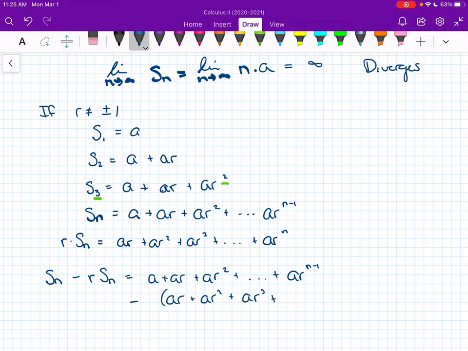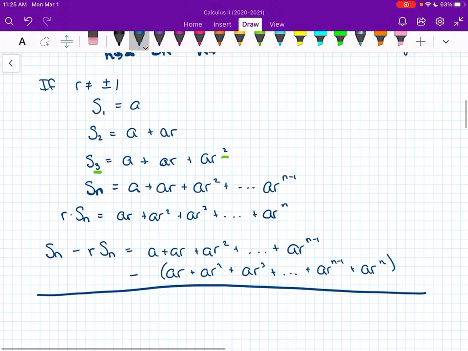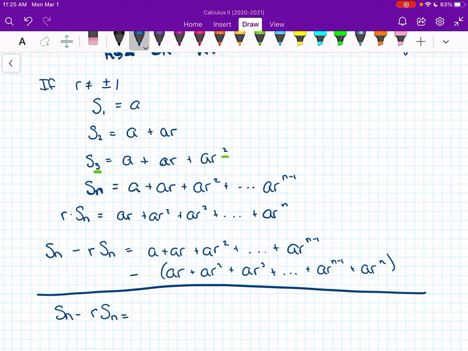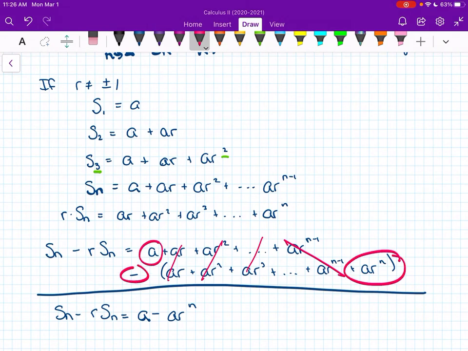When I subtract those, I get that s sub n minus r times s sub n is going to equal a minus my last term here, ar to the n, because everything else will cancel. I'm left with a minus ar to the n.